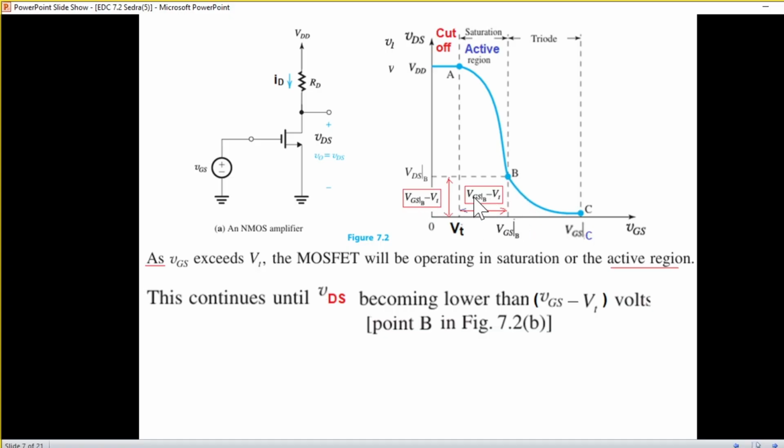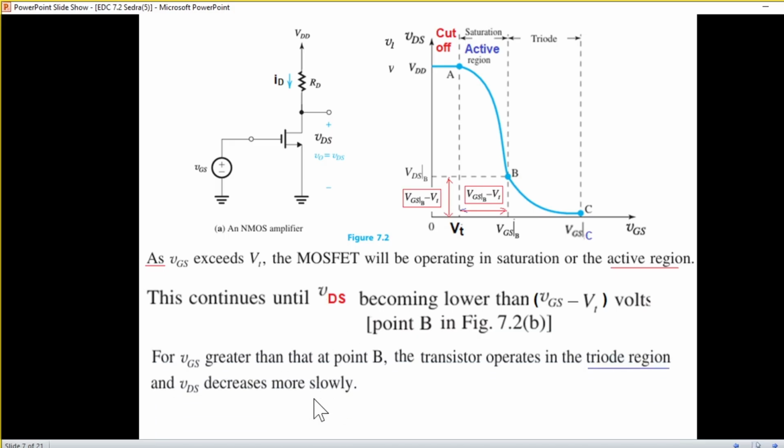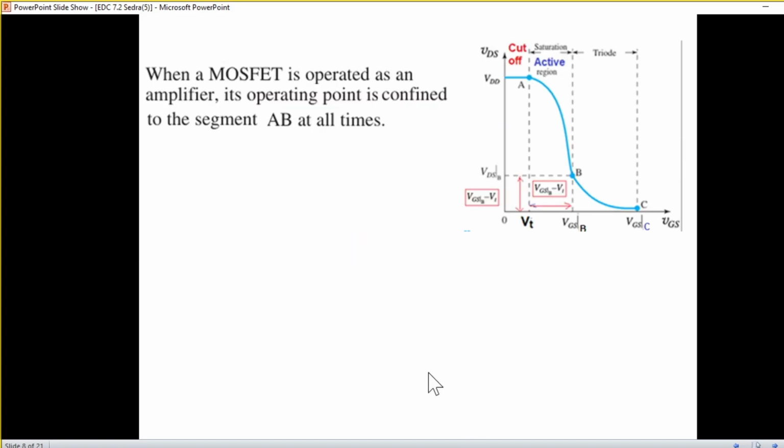This is the last limit, we can say, to remain in the active region. So for VGS greater than that at point B, the transistor operates in the triode region. When VGS moves further here, then it is in the triode region.